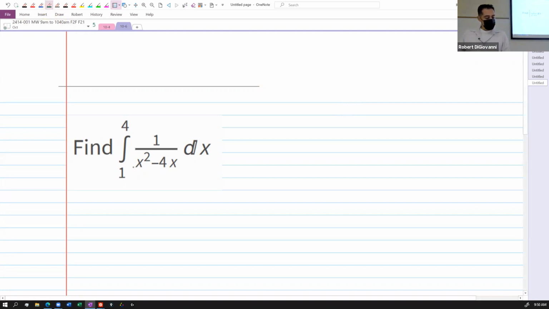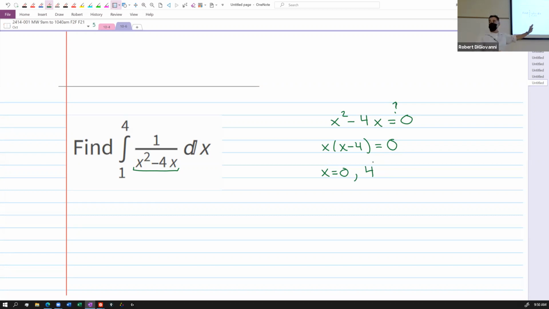So when we look at this, I want to know when this x squared minus 4x will be 0. That's kind of what I'm asking myself. And so I can factor an x out, right? And I get two solutions, 0 and 4, right? There are two places where we would have this thing be undefined.